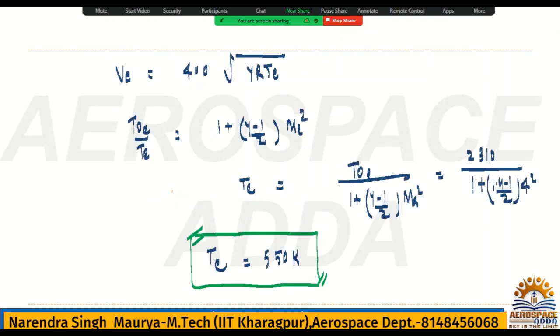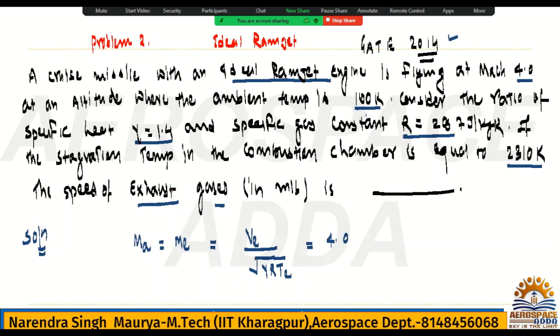So ideal RAMJET, hope you understood what type of problem they are asking. It's a very simple problem they are asking. Only the concept you should know. What is the concept? This I told you, this is one very important conclusion in my previous lecture when I went through the full ideal RAMJET explanation.